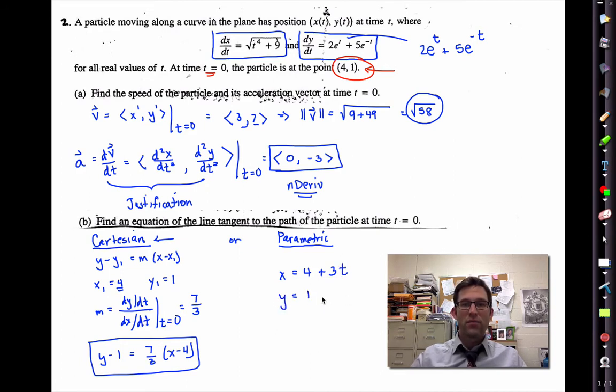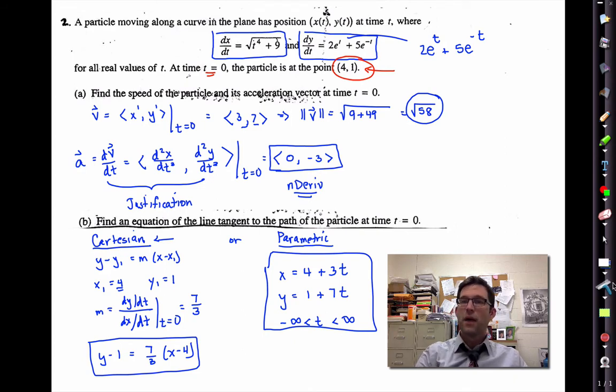And y, well, that would be 1 plus the y component of velocity times time. And then it would be good to say, hey, let's make time go from -infinity to +infinity. All right, either one is fine. The parametric versus the Cartesian. All right, I'm going to clear all that out, so copy down what you need to.